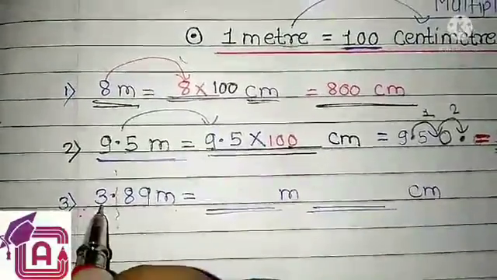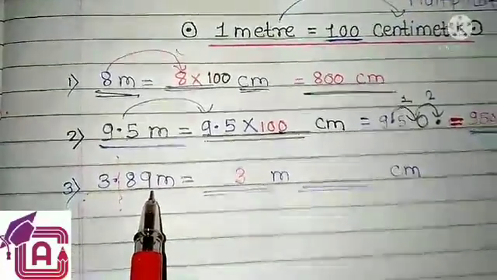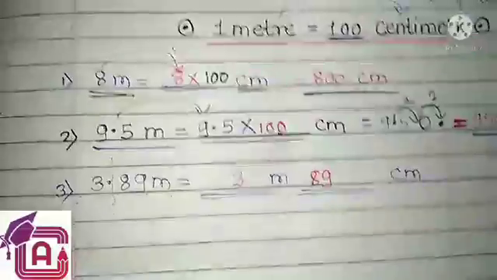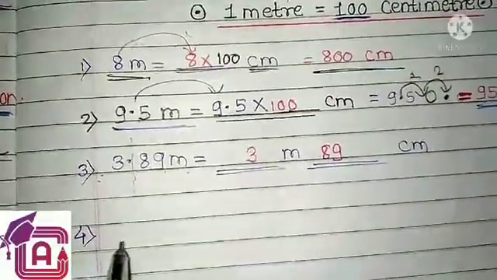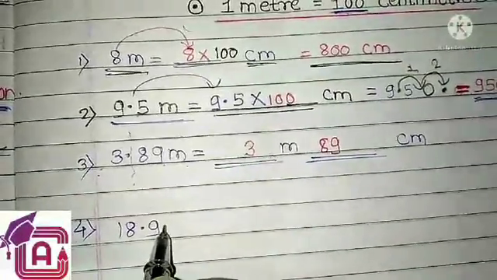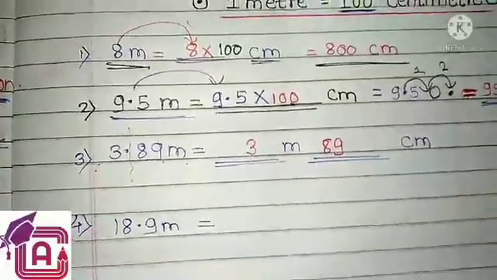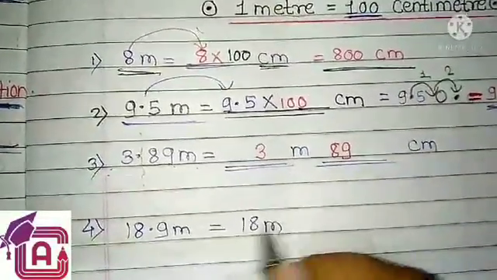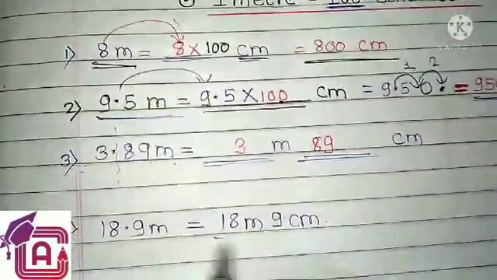On the left side the number is 3, so it is 3 meter, and the remaining numbers are in centimeter, 89 centimeter. Next example, if the distance is like 18.9 meter, then how many? Yes, 18 meter, and after the point 9 is there, 9 centimeter.